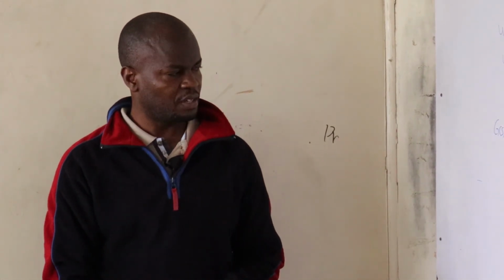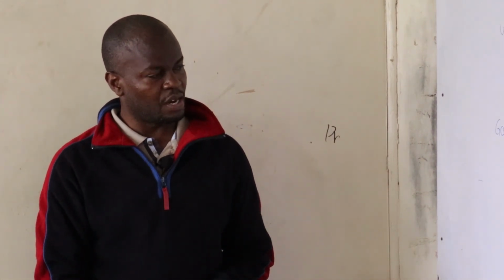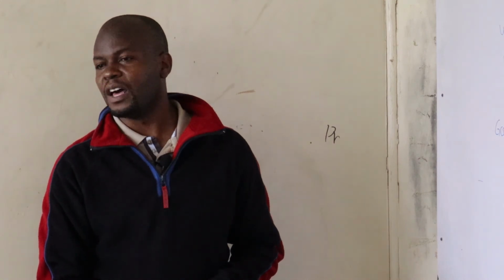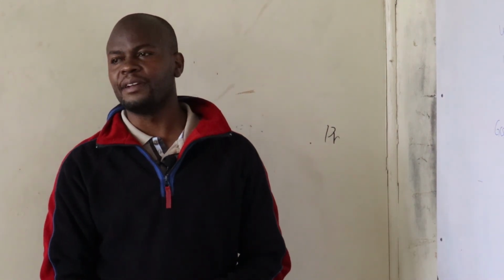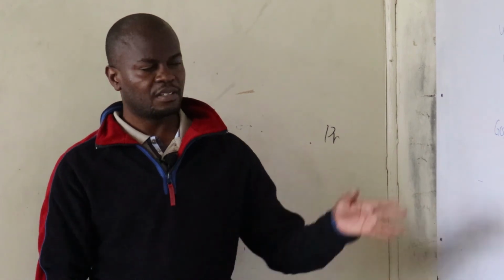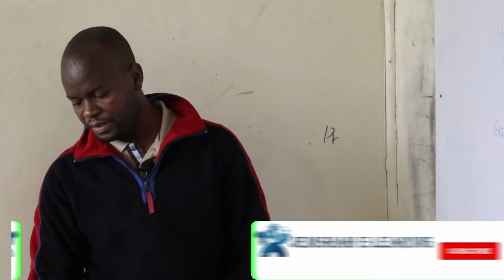So I want you to do that one. And I want to see how you are going to enter your Routh array first before you can get to all those other values.